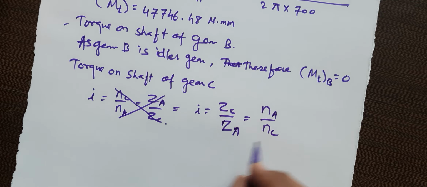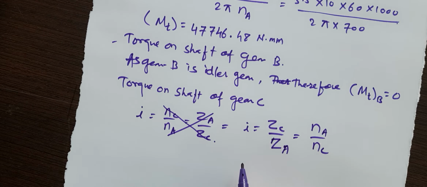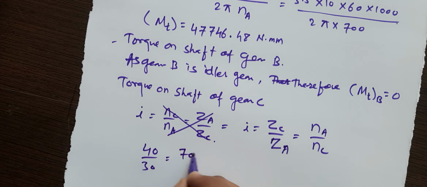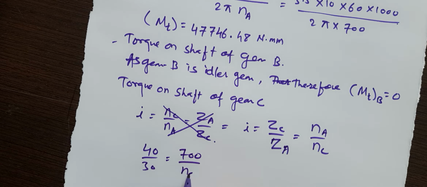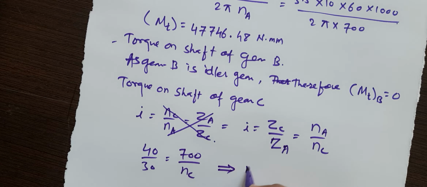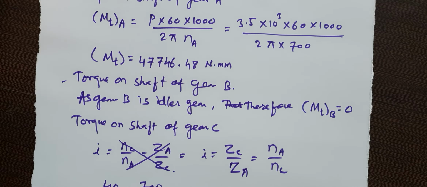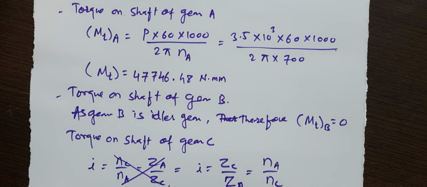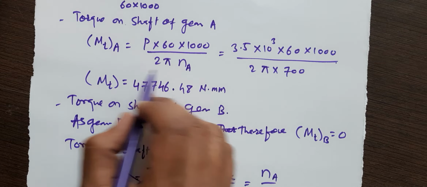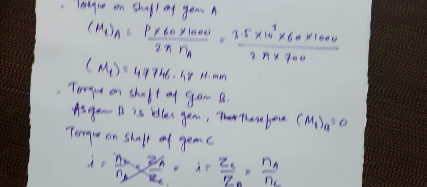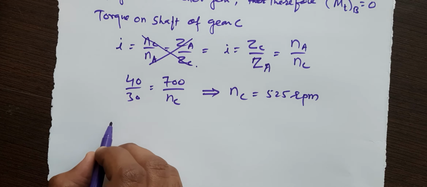Now ZC by ZA we can calculate. ZC is given as 40, ZA is 30, is equal to NA, which is given as 700, divided by NC. From this you can calculate NC. Now after getting NC, we can use the same formula to calculate torque on C. Okay, so here I will rewrite the formula.